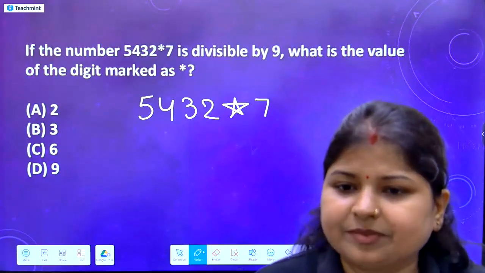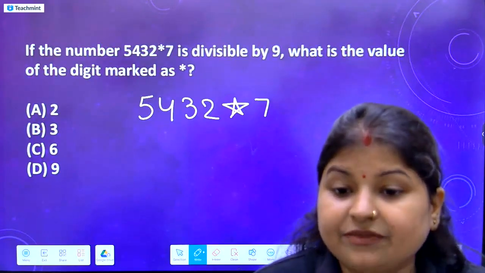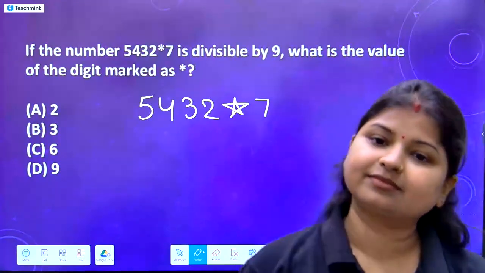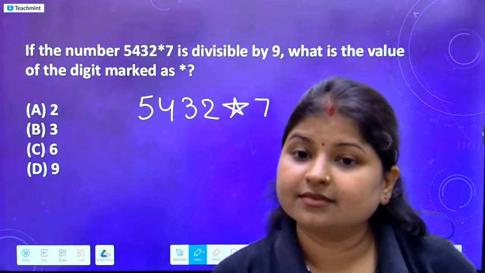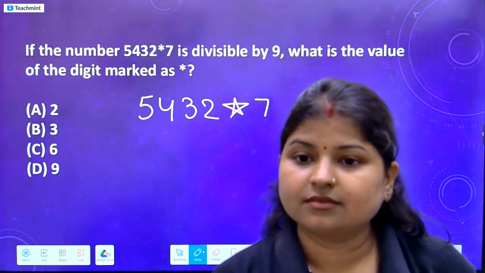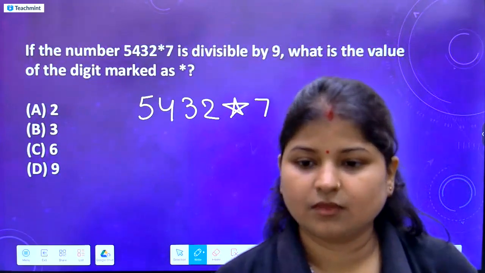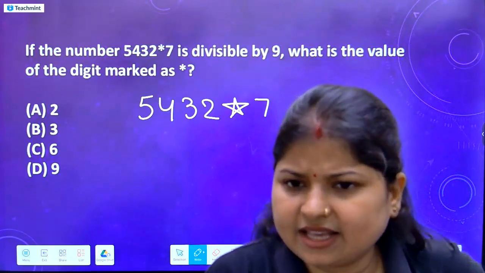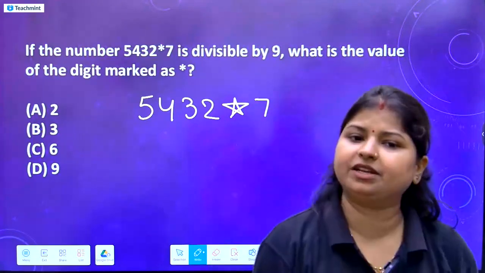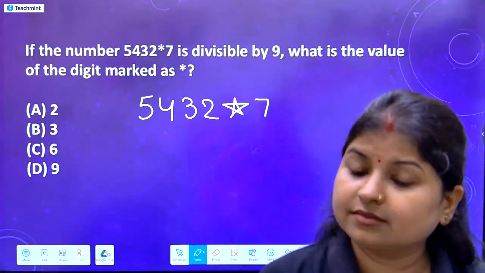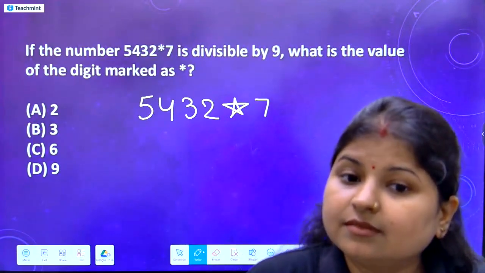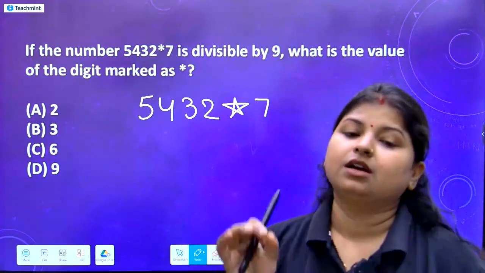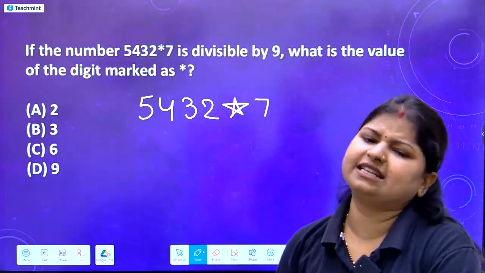Yes, Samhita. Divisibility rule of 9? No answer? Yes, Siddhant. I think you have turned on your mic. Tell me divisibility rule for 9. Sum of all the numbers. Yes. Divisibility rule of 9, what does it say?